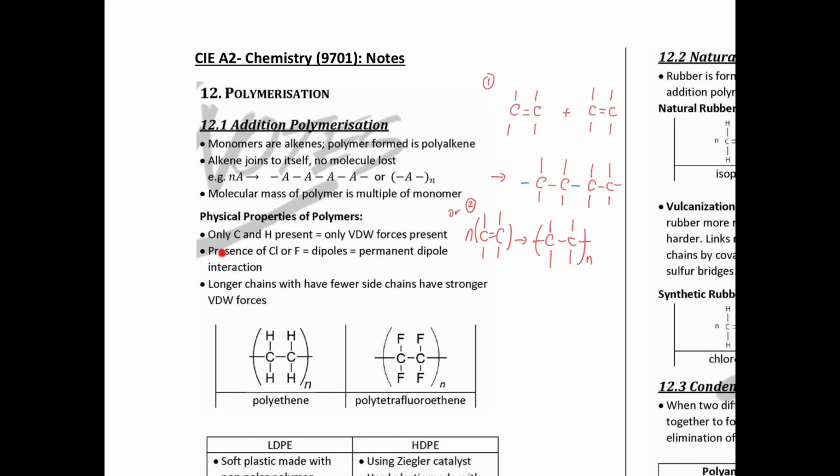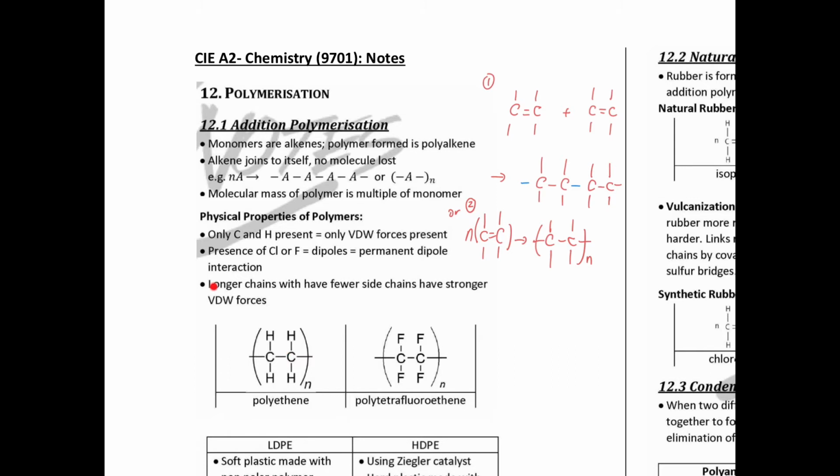But with the presence of chlorine or fluorine in the polymer, for example, in this case, fluorine is there in the polymer, then they will have temporary dipole, induced dipole, as well as permanent dipole. Okay. So this one has permanent dipole and temporary dipole, induced dipole. But this one has temporary dipole, induced dipole only.